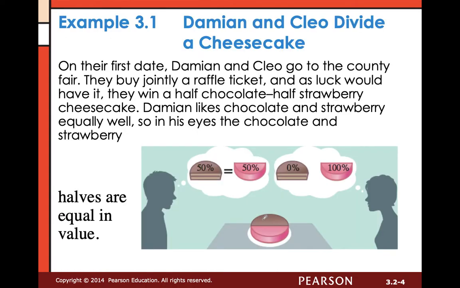As an example, to give you a little bit more concrete understanding of what's going on, we've got Damien and Cleo, who are on their first date to the county fair. They buy a ticket jointly for the raffle, and as luck would have it, they actually win a half chocolate, half strawberry cheesecake. Damien likes both chocolate and strawberry equally well, so in his eyes, the chocolate and strawberry halves are equal in value.